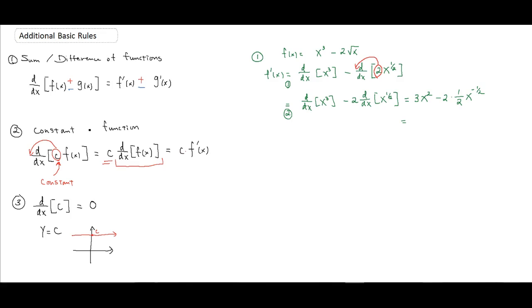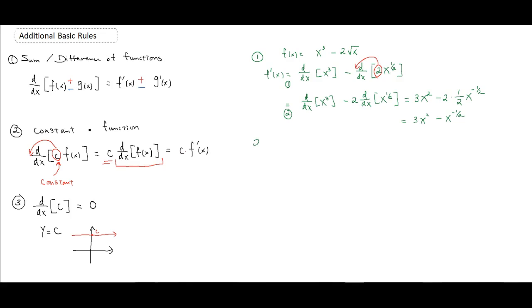So by simplifying the result, now 2 times 1/2 is just 1, so that's going to be x to the negative 1/2. Now if you feel like you need to rewrite that negative 1/2 exponent as 1 over square root of x, that's fine, but I'm not going to worry too much about that step.